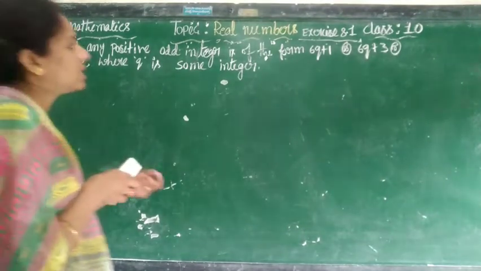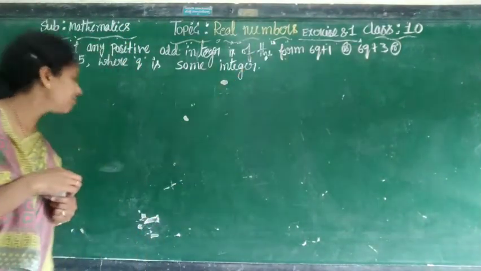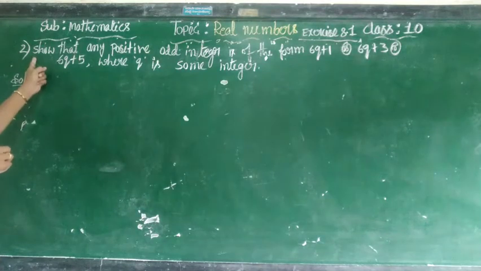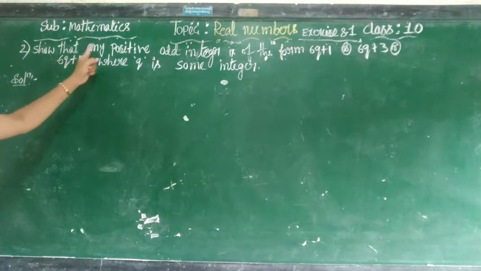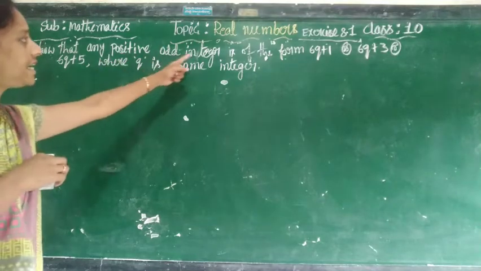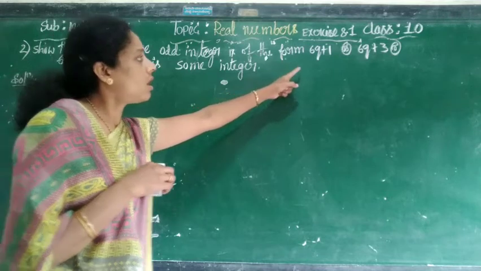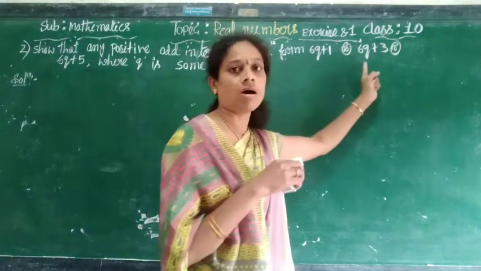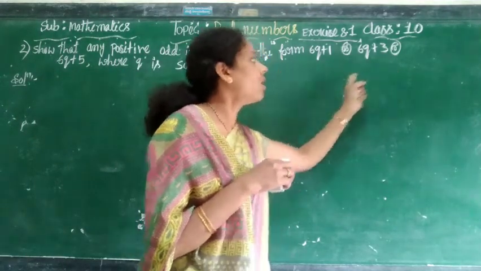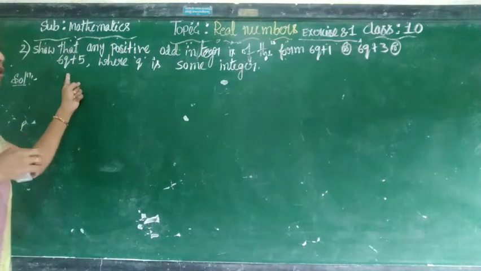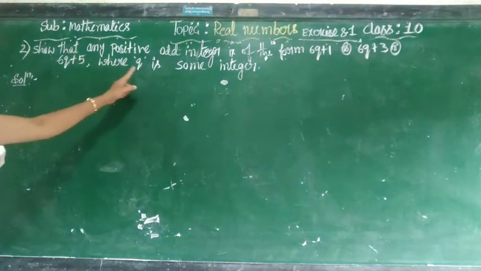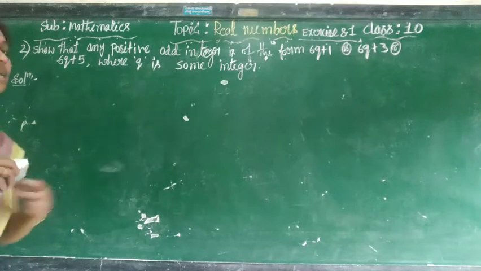In exercise 8.1, second problem: show that any positive odd integer is of the form 6q plus 1 or 6q plus 3 or 6q plus 5, where q is some integer.